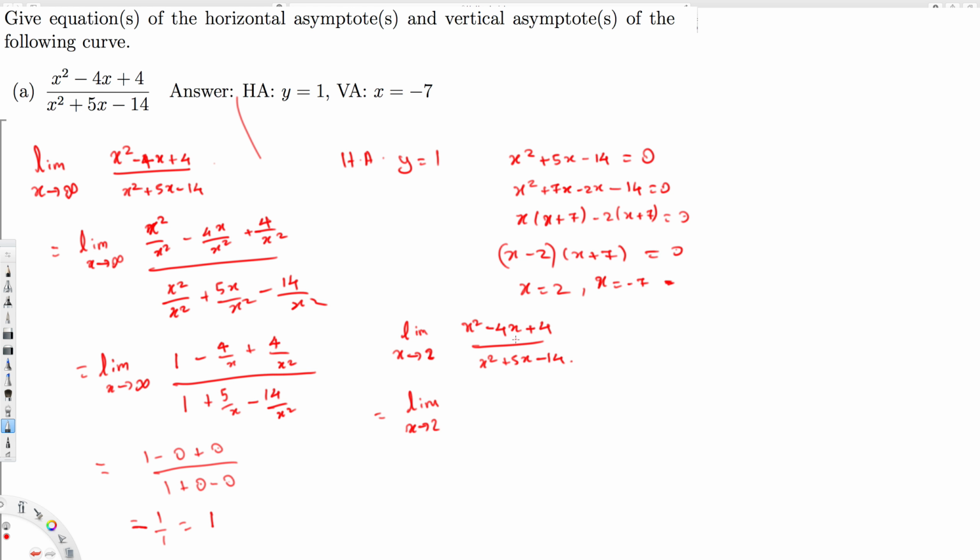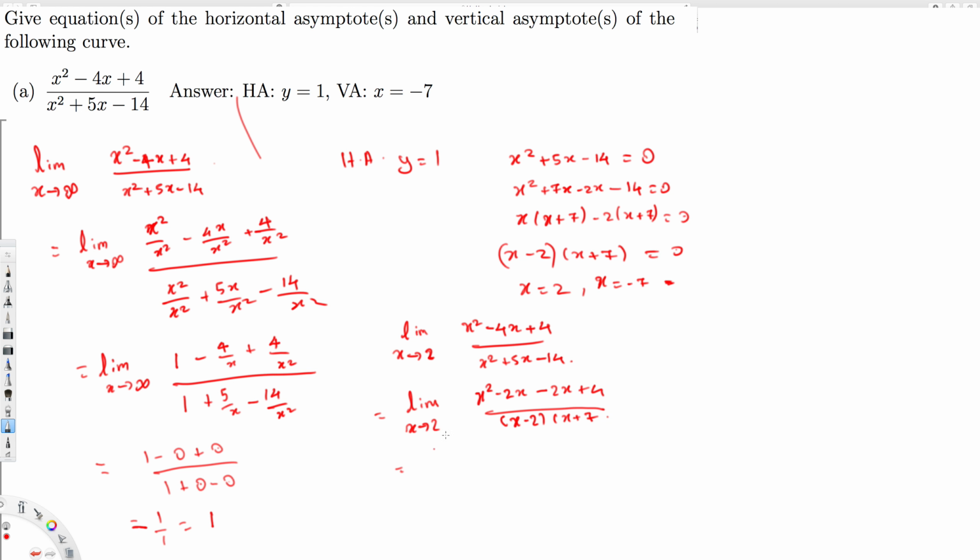When I multiply, I have to get 4, and when I add, I have to get negative 4. So x minus 2 will work: x square minus 2x minus 2x plus 4. The bottom one we have factored already, when we made the denominator equal to 0. So I can directly put the bottom factor right here, (x minus 2)(x plus 7).